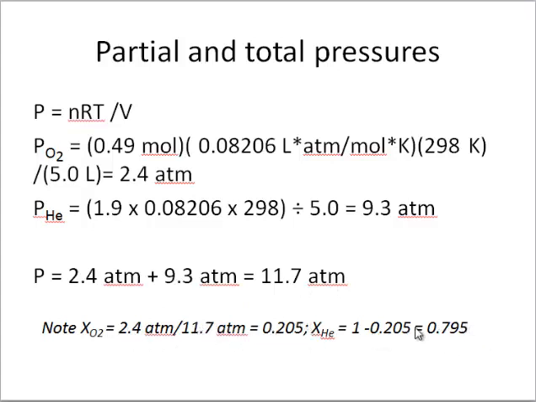And 1 minus 0.205 is 0.795. Okay, notice what's happened here. The differences in the mole fraction values on the previous slide are due to round off, out here in the last digit.